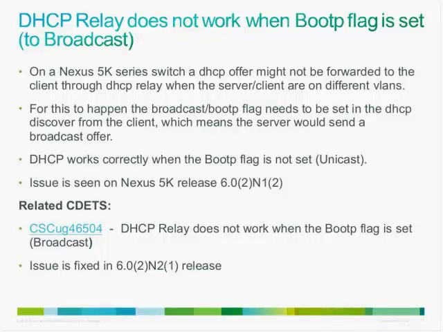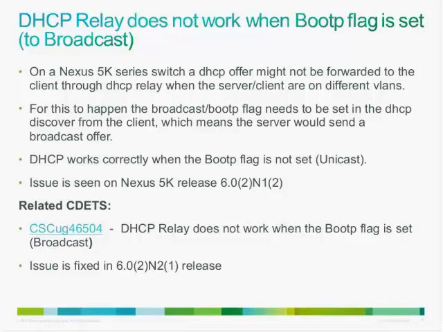This particular feature. Now, what we have seen is that DHCP relay does not function correctly when the offer is coming in with the bootp flag set to broadcast, right? A lot of times this is the default.